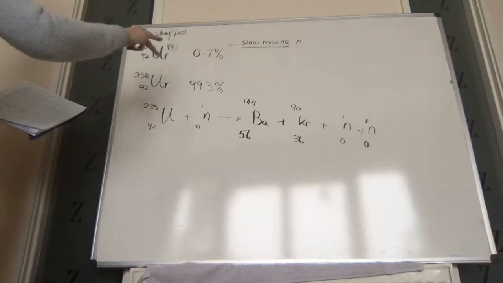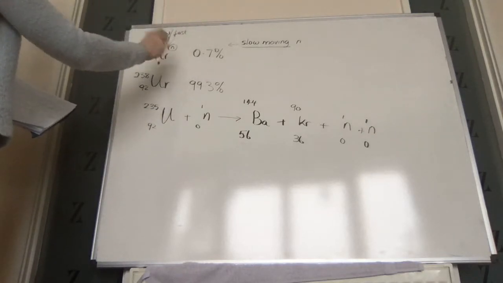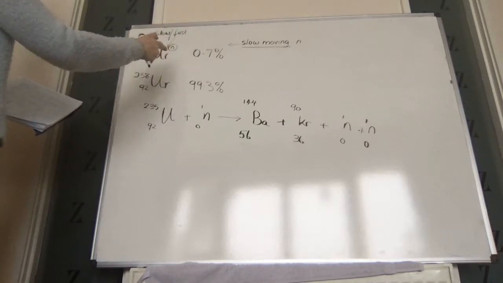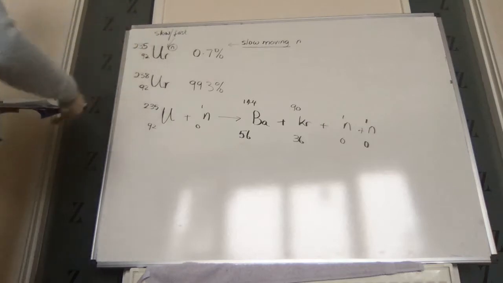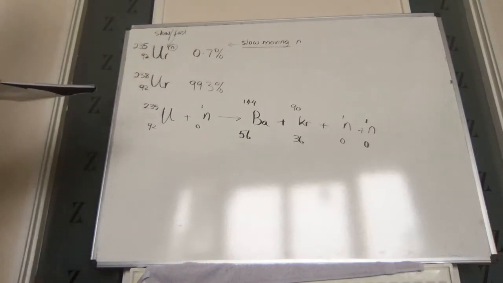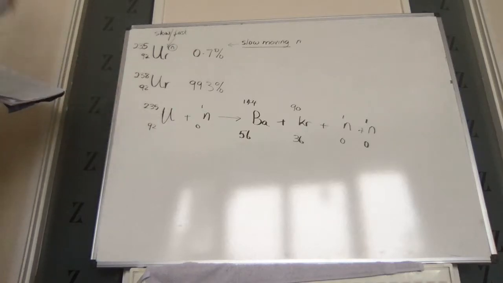I think the kinetic energy of the neutron that's bombarding has to be comparable to the average energy of the particles in the uranium nucleus, or the surrounding average kinetic energy of the surrounding atoms.